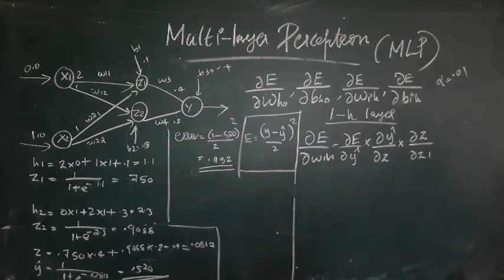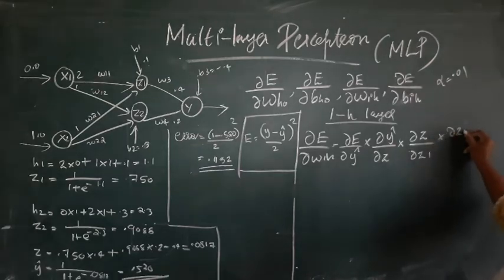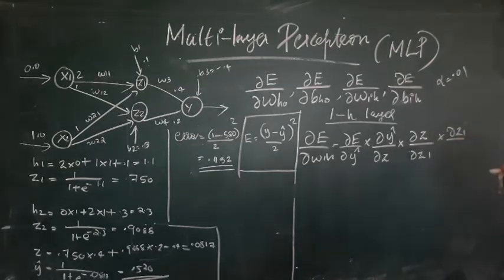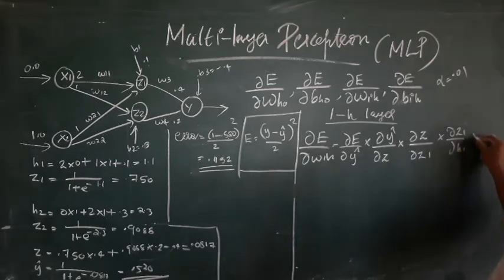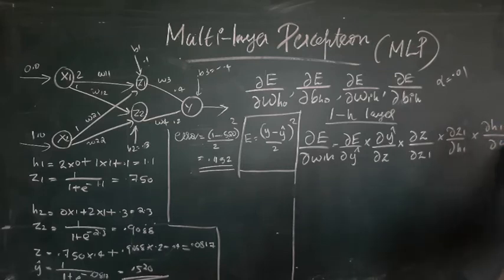Definitely, I am taking just one. Now the value of z1 is determined by the value of h1, right? Value of h1 and h2 too, yeah. So the value of h1 is determined by the input to hidden layer weight. Similarly for biases, the only difference is instead of weight, you have to write it down for biases.